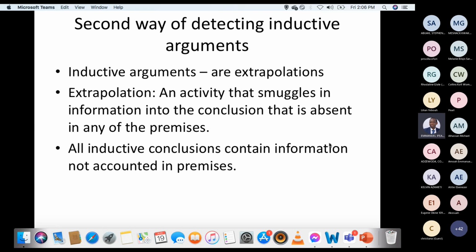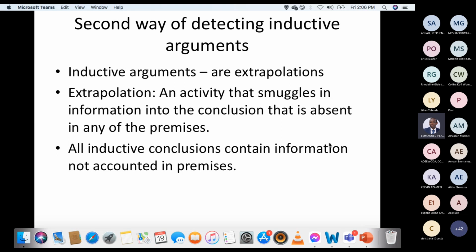But when you check an inductive argument, you see that the conclusion of an inductive argument will contain a piece of information that you can't find in any of the premises. So for inductive arguments, there is always some information in the conclusion that you can't find in the premises.